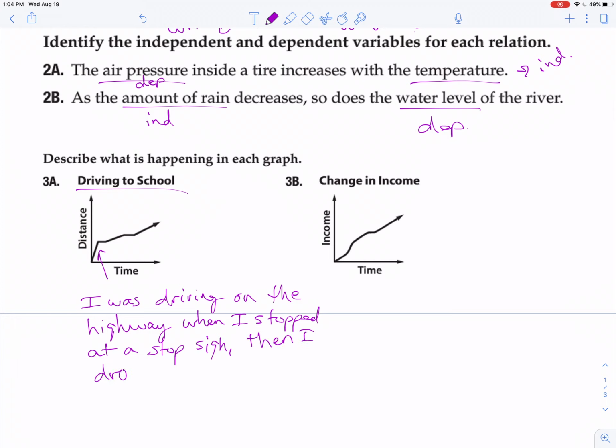Then I drove in town to the stoplight. Oops, I got my letters mixed up there. Then continued driving.